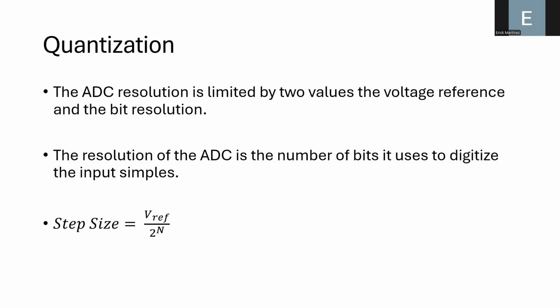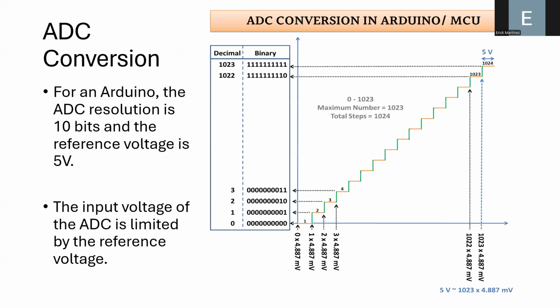And also you have a voltage reference. So you need to take into account the voltage reference of your ADC, of your data acquisition system, and divide that by 2 to the power n, where n is the number of bits. Based on this information, you will have a step size. That is basically the discrete changes that we are taking in order to map the continuous signal into a discrete representation.